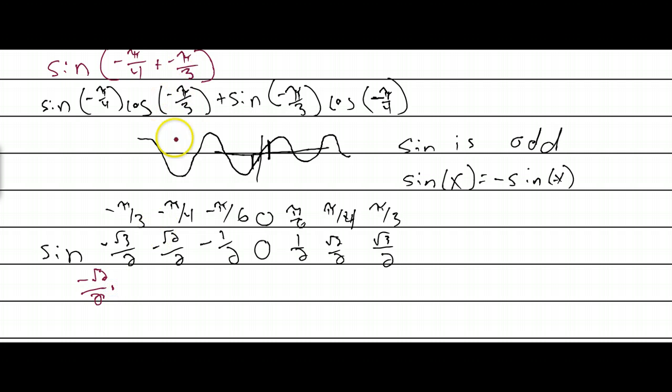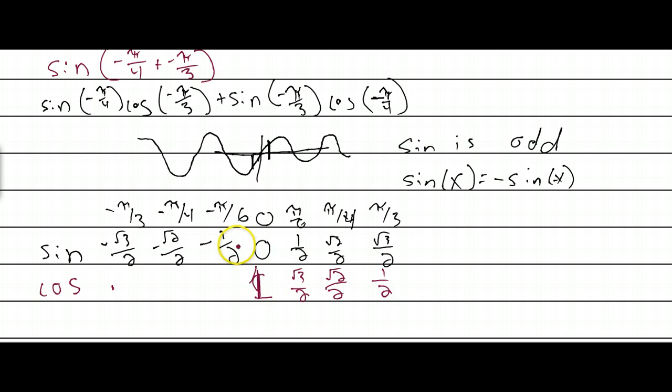times cosine of, oh, now we're going to do cosine, my bad. So let's erase this and let's do cosine. So with cosine, it's the same thing, but cosine is even, meaning that it is going to be the same values.